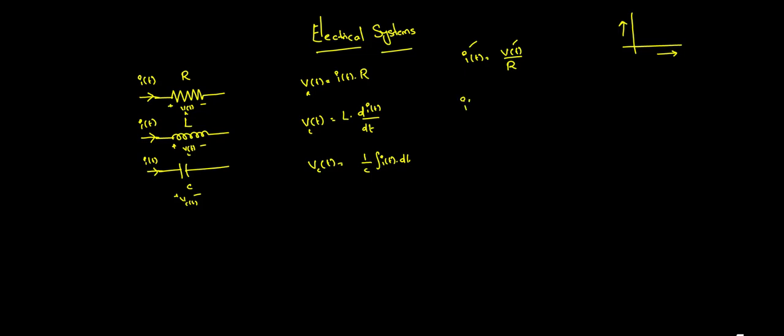So I of t is equal to 1 by L integral V of t into dt, and I of t here is equal to C dV of t by dt. So that is how we are able to write the electrical equations.